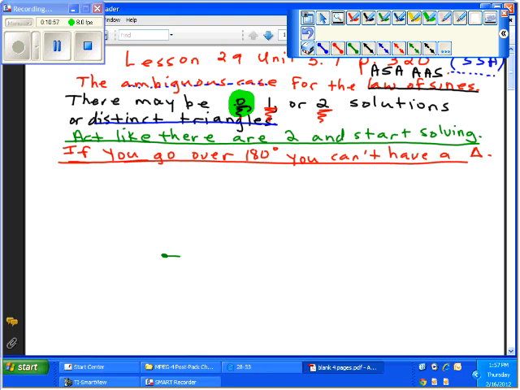Recall, if this was 5 and we had a side over here that was 3, and the other side was 1, you could not have a triangle because 3 plus 1 is not greater than 5. To be a triangle, the sum of the smaller two sides has to be greater than the third.